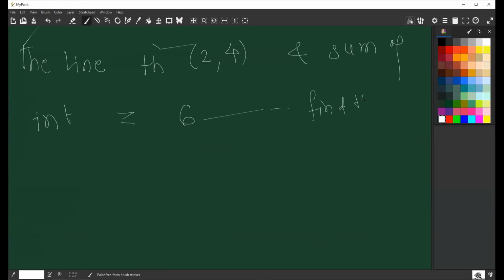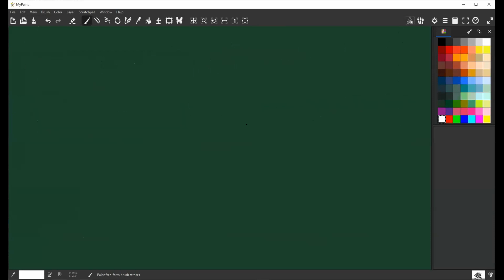Find the equation. I think we have done this type of sum. So I will take something else. I have covered everything.